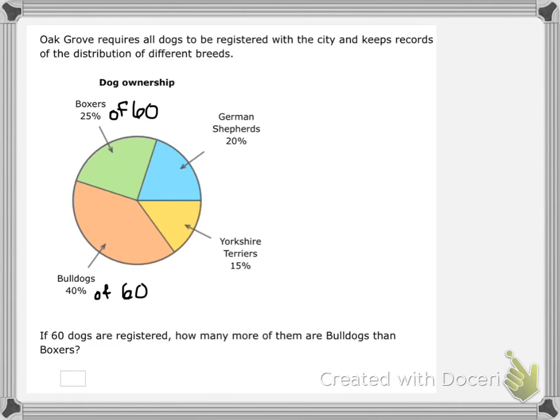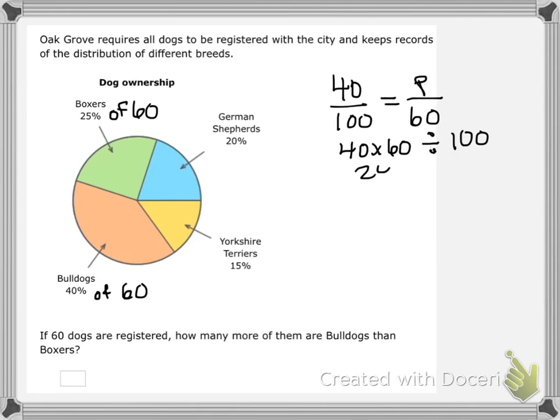All right, so 40% is 40 over 100. We want to know what the part is out of 60. We're going to cross multiply 40 times 60 and then divide by 100. So that's 2,400 divided by 100, which is 24. So that means 24 of the dogs are bulldogs.